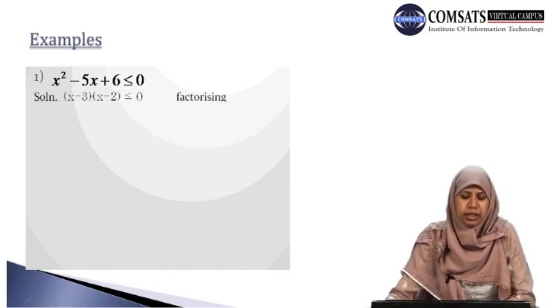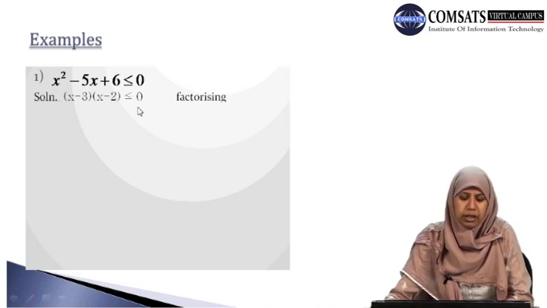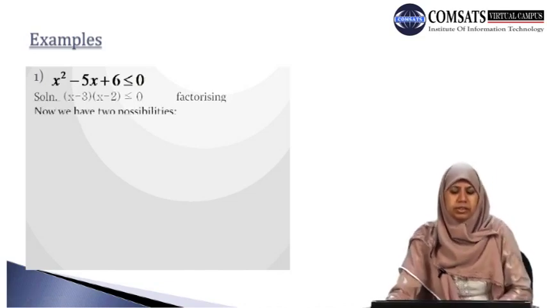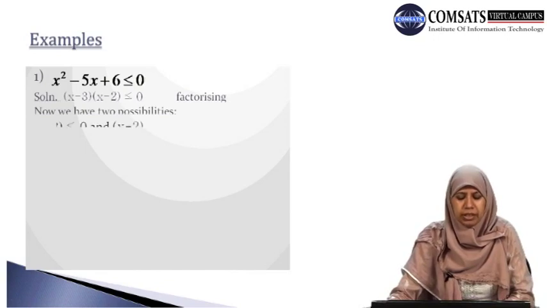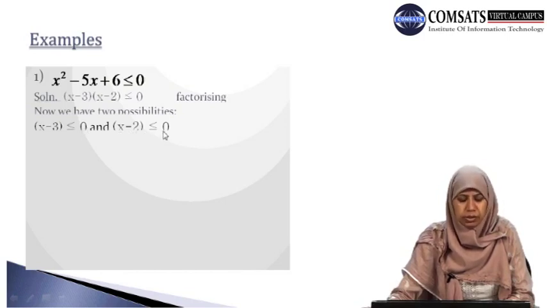Here we factorize it and obtain the factors x minus 3 into x minus 2 is less than or equal to 0. Now we have a product of two terms which is less than or equal to 0, so we obtain two possibilities. The first is that x minus 3, one term, is less than or equal to 0, or x minus 2, the second term, is less than or equal to 0.